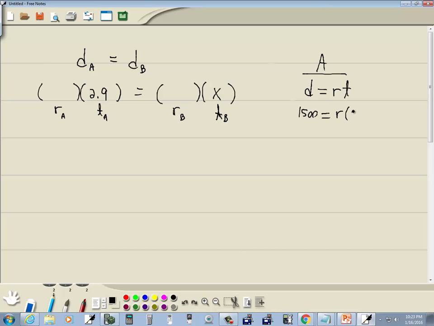So R times 2.9. So to find our rate for airplane A, we can divide both sides by 2.9. And let's see what that gives us.